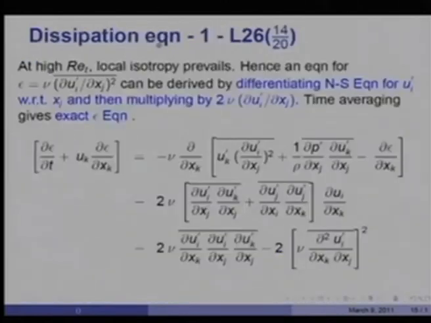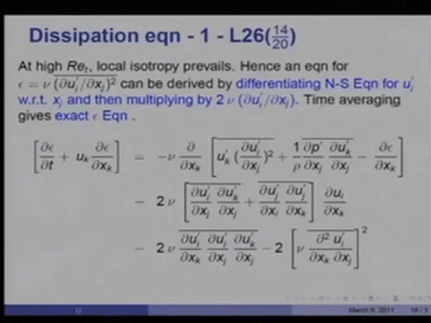How do we justify the dissipation equation about which I just mentioned? Now, at high RET, local isotropy prevails, and an equation for nu times (dui prime by dxj) squared can be derived by differentiating instantaneous forms of the Navier-Stokes equation for ui dash with xj and then multiplying by 2 nu dui dash by dxj.